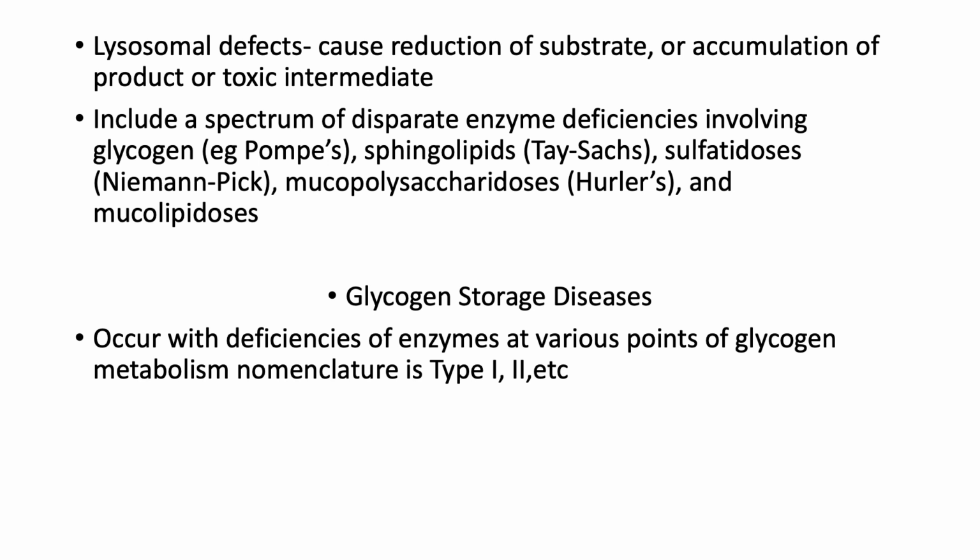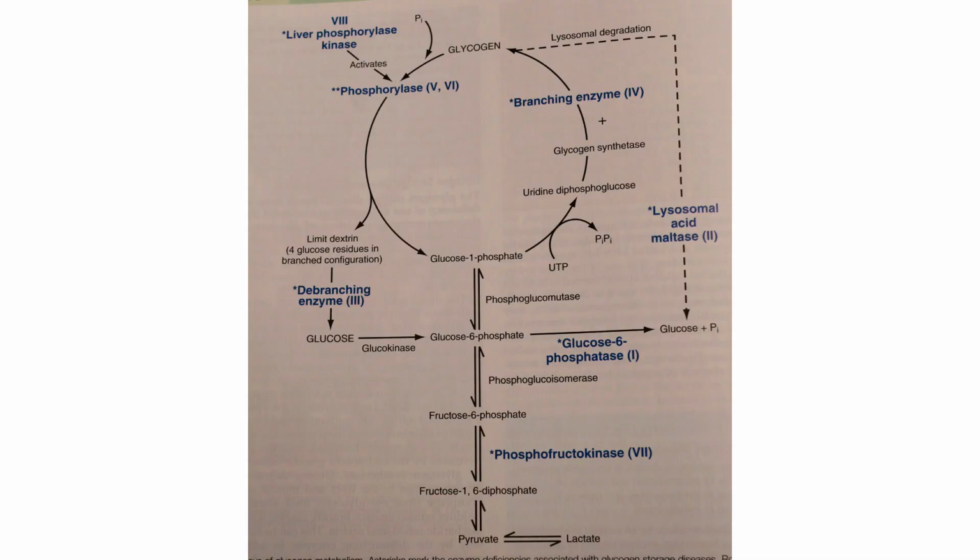The nomenclature is described as type 1, 2, etc. Here's an example of that. So this is a type 4. Liver phosphorylase kinase activates phosphorylase. These are categories 5 and 6. Debranching enzyme, glucose 6-phosphatase, this is the number 1 category.